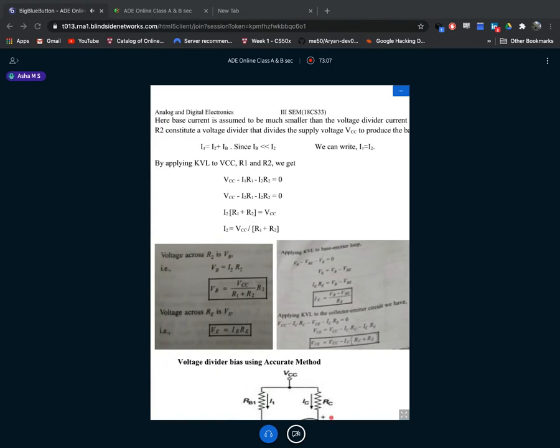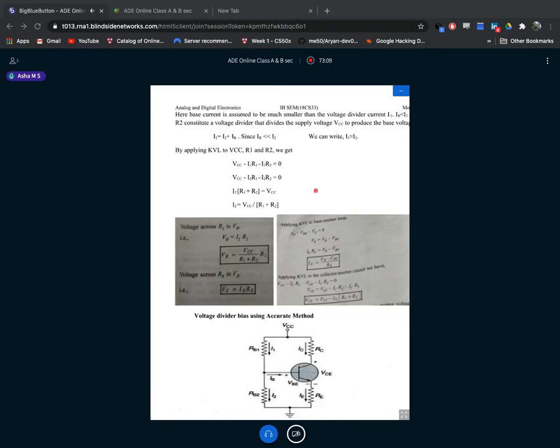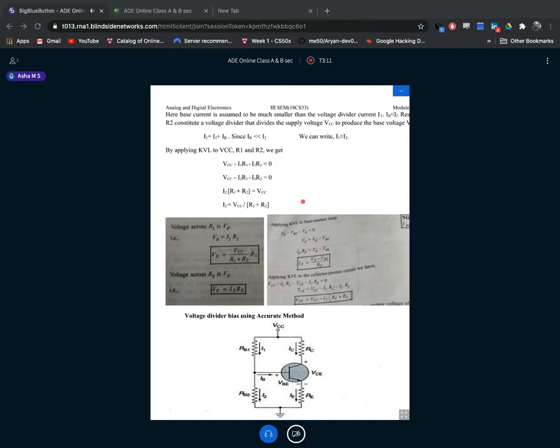Next, to calculate the value of IC and VCE, first we are applying KVL to this loop with VCC, R1 and R2.